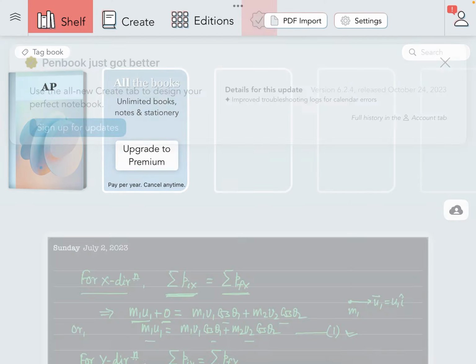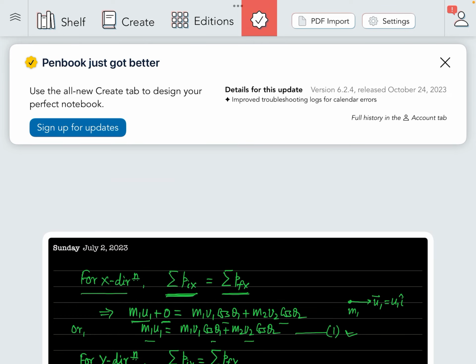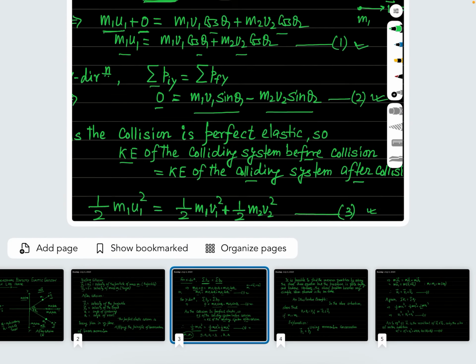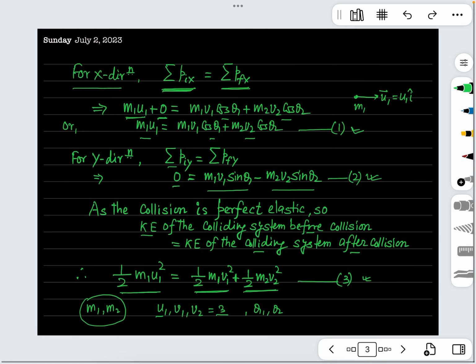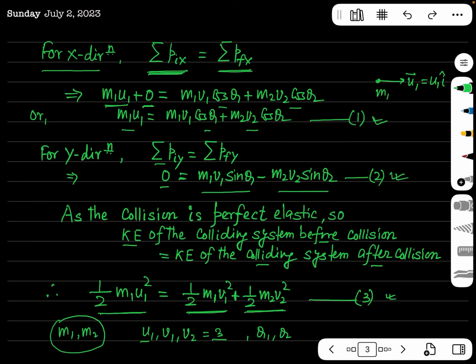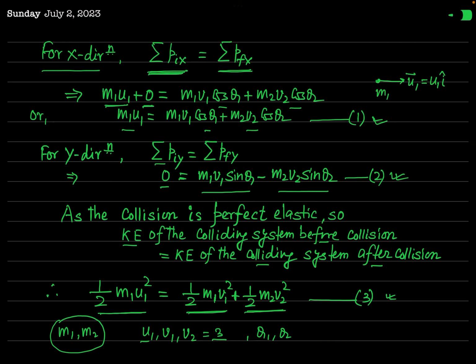So as a whole, there are a total of 5 quantities in these 3 equations.